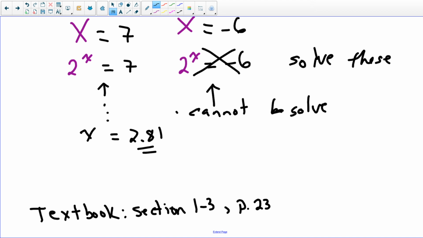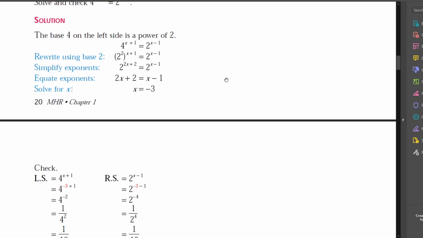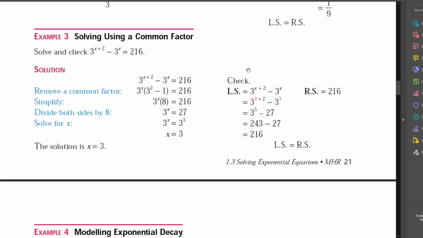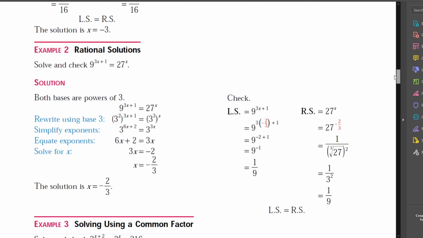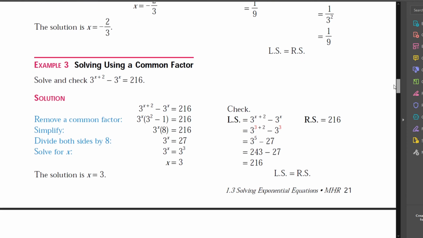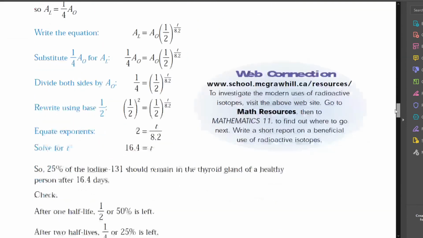This is what page 23 looks like, and I'm just going to go there right now and show you what I'm talking about. So, oops, that's page 21. By the way, if anybody wants to see that harder question that I'm talking about, you can look at example 3 on page 21. Okay? So, I'm not going to belabor that point, though.